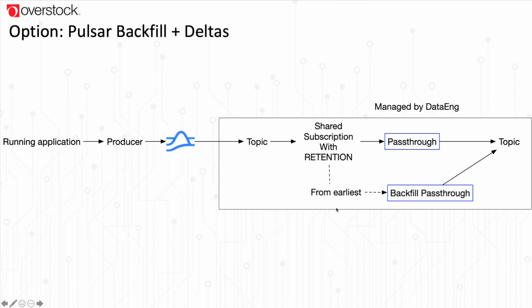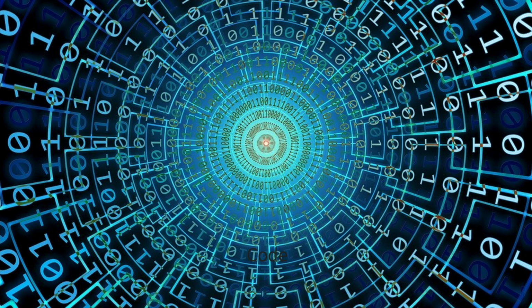If you have enough storage, you could potentially retain a lot of messages. So this is another approach. Again, because this is dealing with a shared subscription, you have to be careful with possible race conditions. So you may have to pause the real-time flow while you run this backfill. Okay, so let's talk about code.